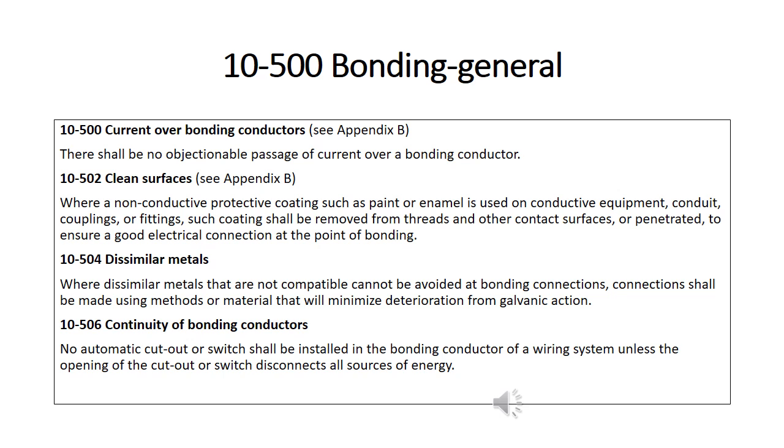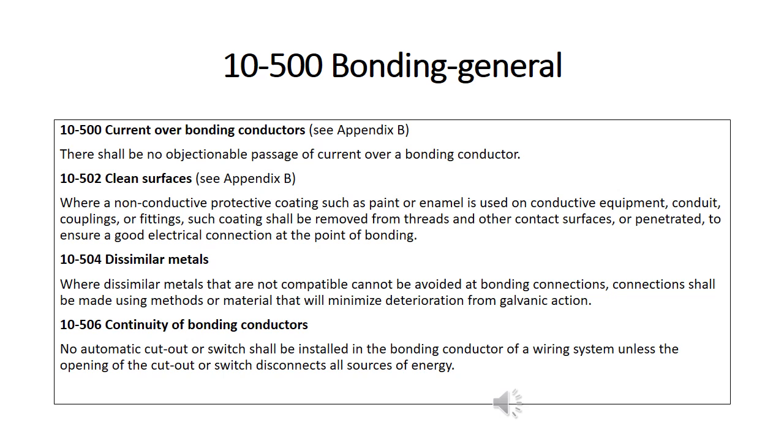10-506, continuity of bonding conductors. No automatic cutout or switch shall be installed in the bonding conductor of a wiring system unless the opening of the cutout or switch disconnects all energy sources. So going back to these prior rules, surfaces used for bonding must be clean.